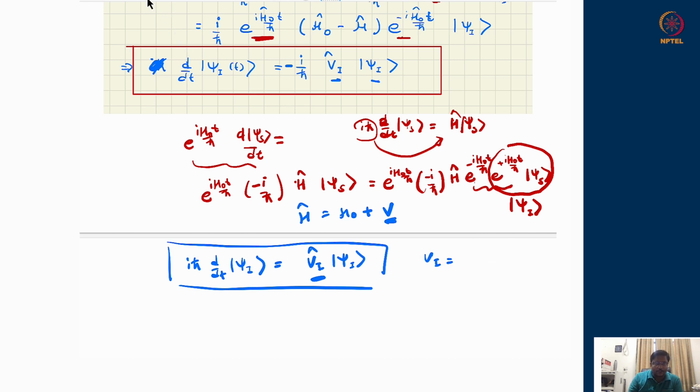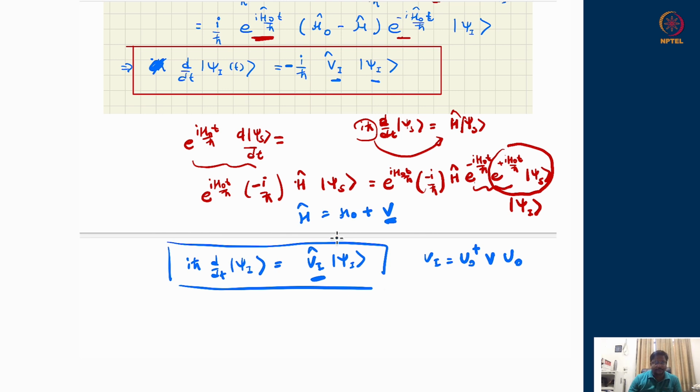It is u naught dagger V u naught. So this V I plays the role of the Hamiltonian for the interaction ket. The interaction wave function evolves as if it is undergoing a Schrodinger evolution with only the perturbation or the potential term's interaction version playing the role of the Hamiltonian.